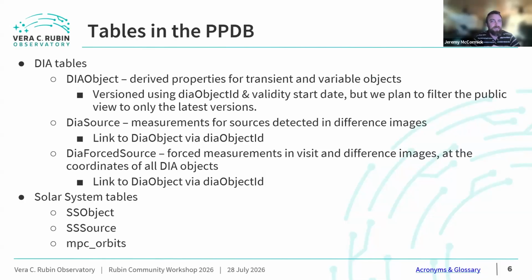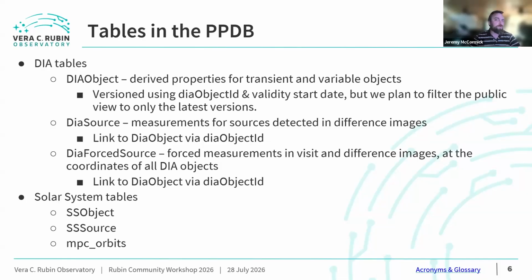In the APDB and also in the PPDB, the raw data of these objects is versioned using both an ID field and a validity start, in other words, every version of a DIA object has its own row. But in the public view, we plan to filter this down to only the latest version, so people don't have to do that themselves in their querying, which could be awkward.